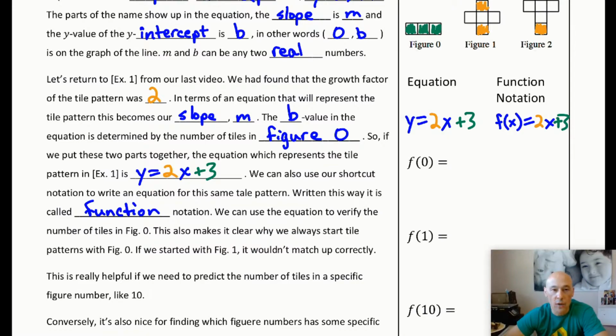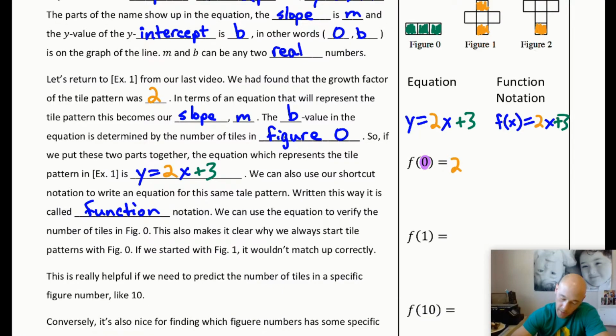We can use the equation to verify the number of tiles in figure 0. So when we write it this way, this says that the number of tiles in figure 0 is equal to something. Here's what we can do. We do 2, and then I'm going to highlight this figure 0 right here. That's our input.